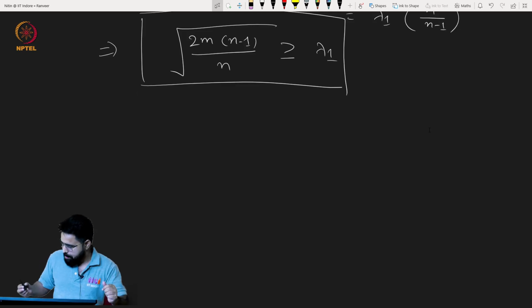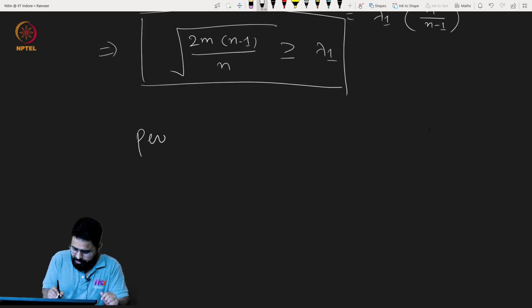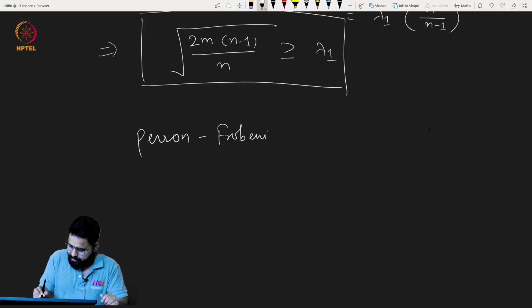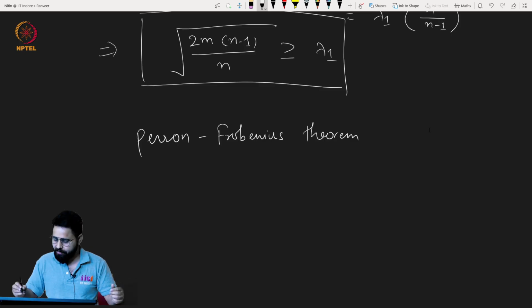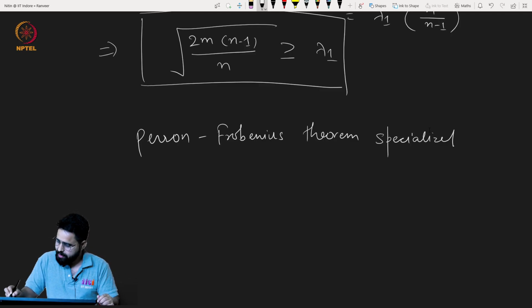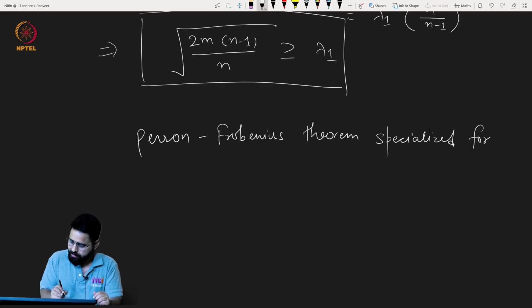Okay, so Perron-Frobenius theorem, but specialized for our case, right? Specialized for symmetric matrices, non-negative, in fact, non-negative symmetric matrices.